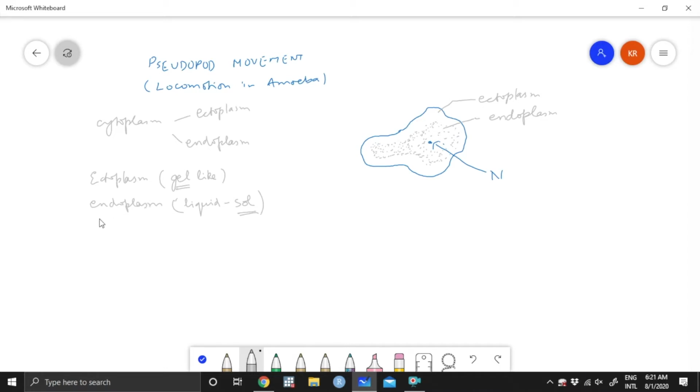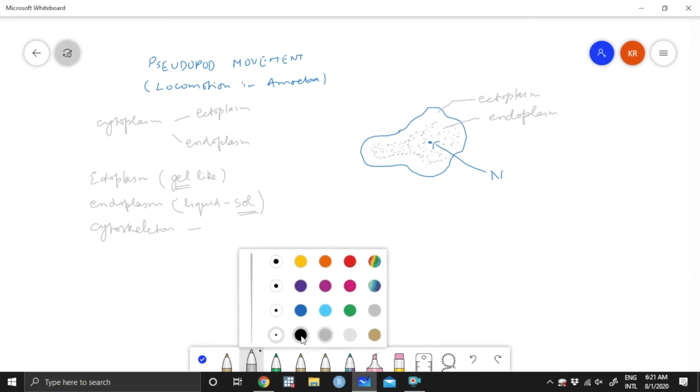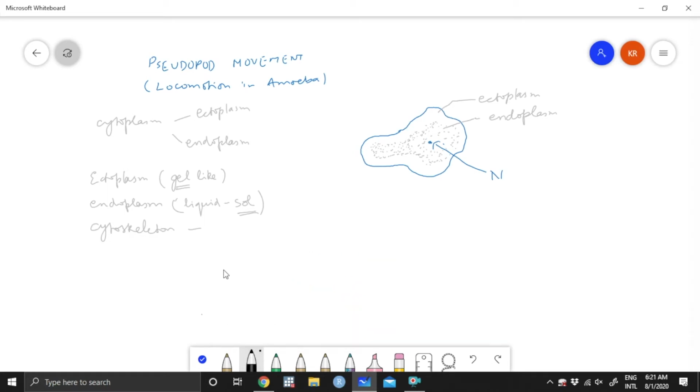So, cells have got cytoskeleton, and one element is called as actin. Actin filaments, which is a protein.